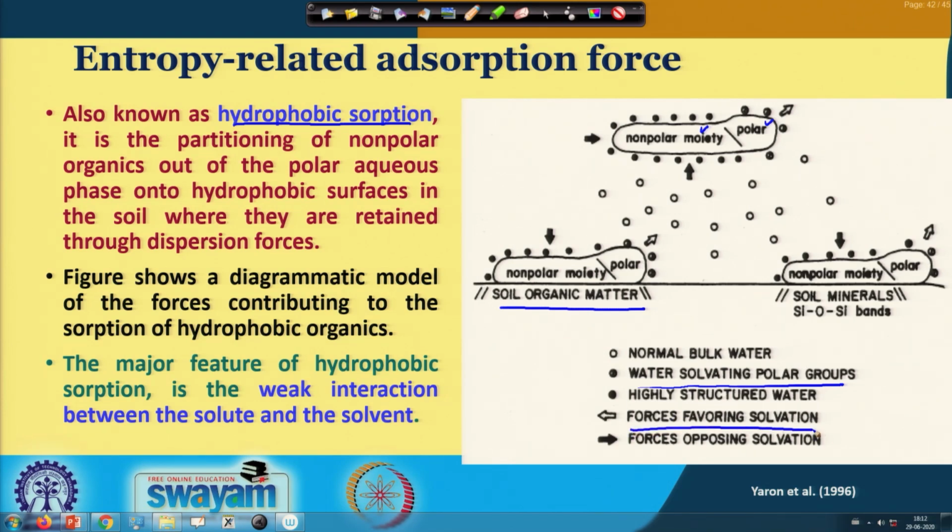Obviously, here the polar aqueous phase is facing the forces favoring solvation, because the solvent is normal bulk water.